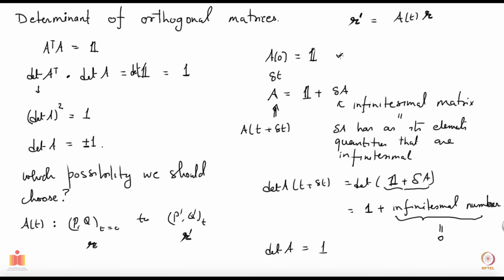Because of that, you find that the determinant of A has to be +1 for this rigid body motion. In general, orthogonal matrices could also have determinant -1, but we will not talk about the determinant -1 possibility at this point. It's not needed. So we have concluded that for our purposes, determinant of A is +1.